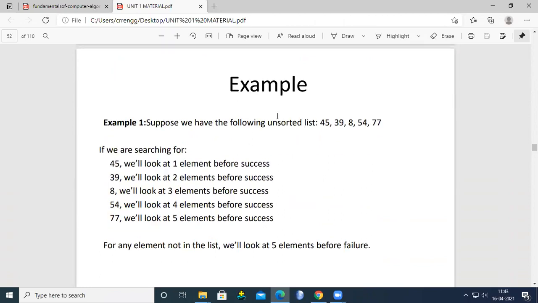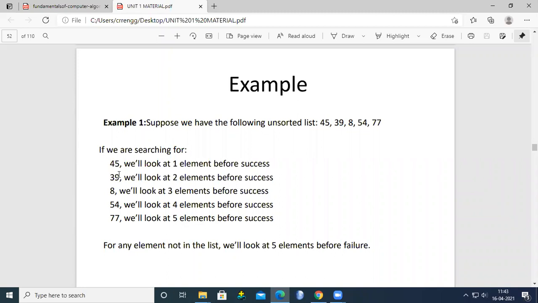Consider an example. Suppose we have the following unsorted list: 45, 39, 8, 54, 77. These are the values. If we are searching for 45, that is the first element in our unsorted list, so we will look at one element before success.